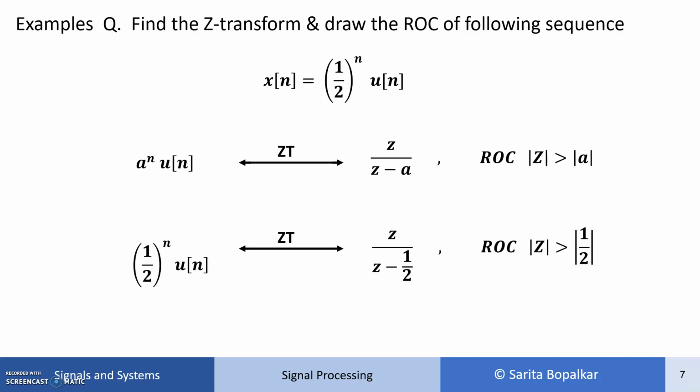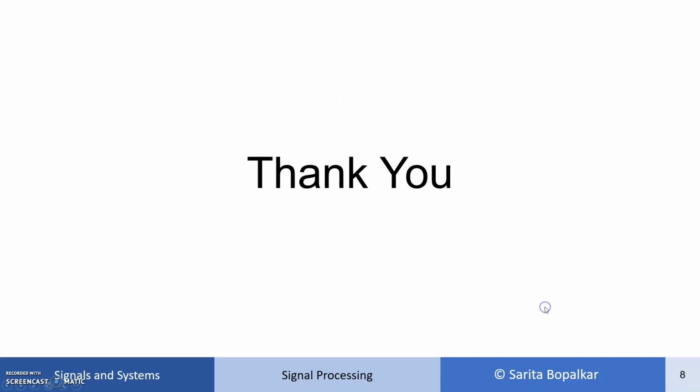So your answer will be z upon z minus a, where a is 1/2, and ROC is mod z greater than a, which is 1/2 here. So like this, you can find the Z transform for the generalized term a raised to n u of n. a can be any other value. The same steps you have to follow to find the Z transform. Thank you.